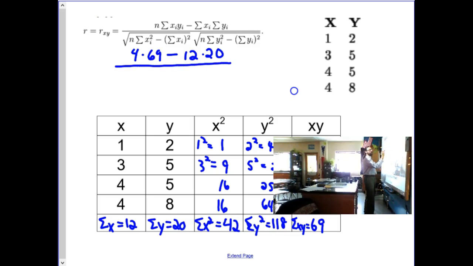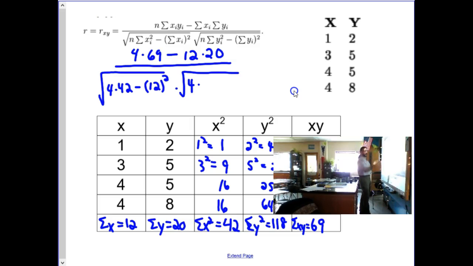All of that over the square root of 4 times the sum of x squared, which is 42, minus the sum of x, squared, multiplied by, and again, same thing, 4 times the sum of y squared, 118, minus the sum of y, squared.